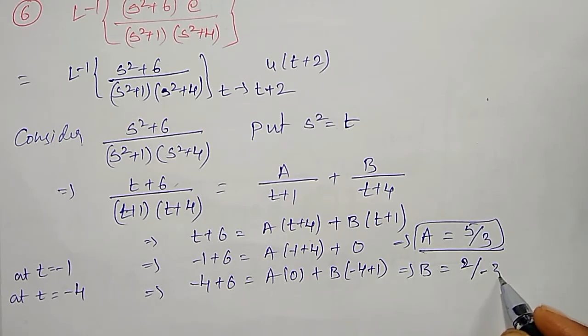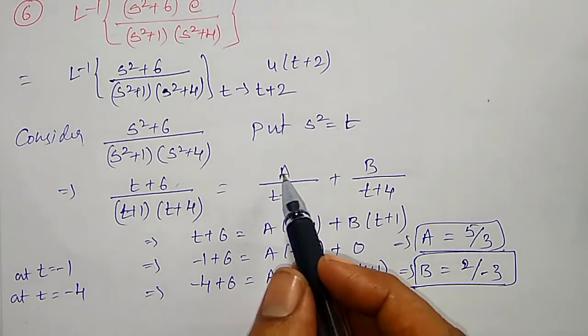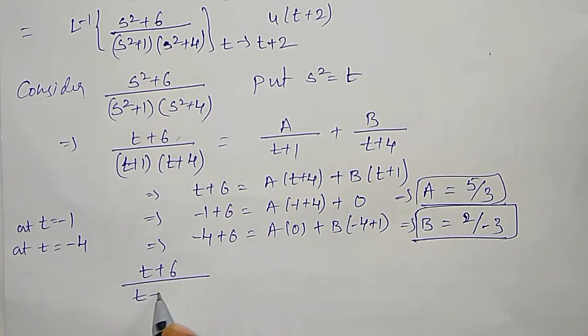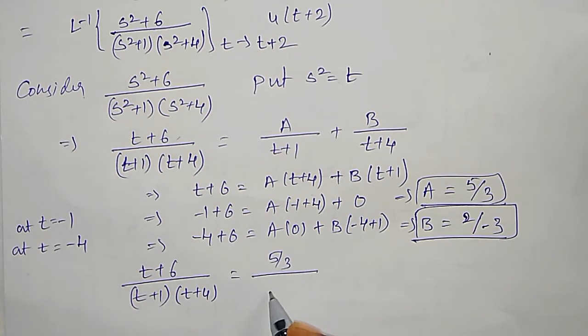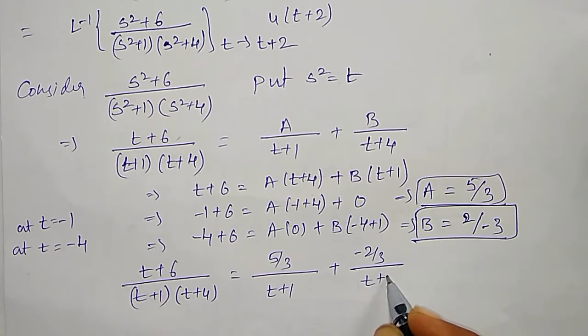Therefore, b is minus 2 by 3. Substituting here, t plus 6 divided by t plus 1 into t plus 4 equals a, which is 5 by 3, divided by t plus 1, plus b, which is minus 2 by 3, divided by t plus 4.